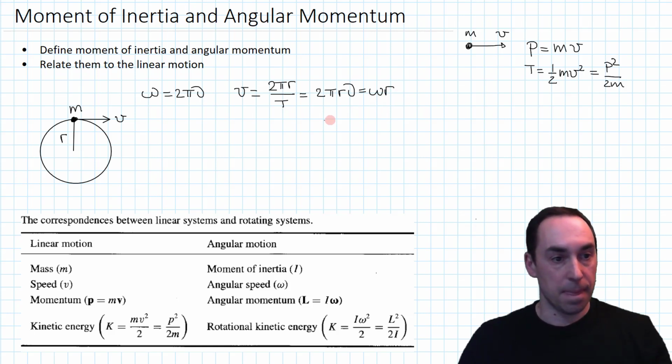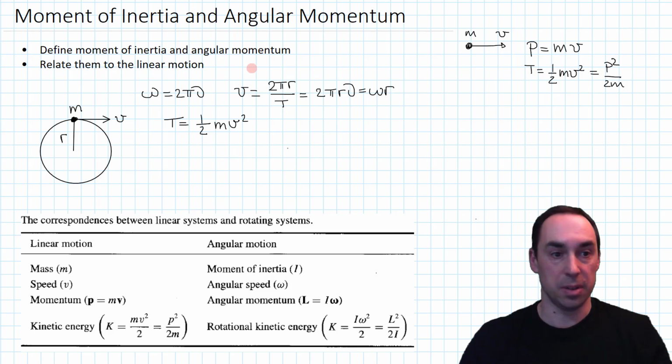All right. Now, let's see if we can find something that allows us to relate to the kinetic energy. Well, what's the kinetic energy of that thing? Again, the formula is the same. It's just 1/2 the mass times the velocity squared.